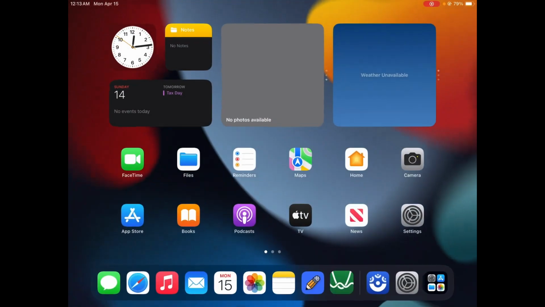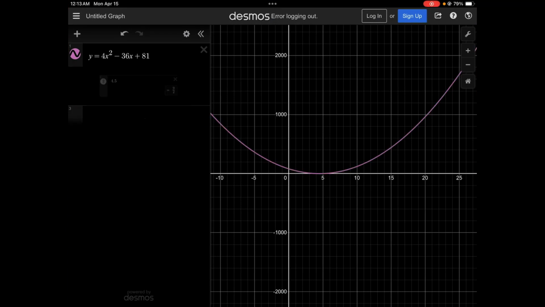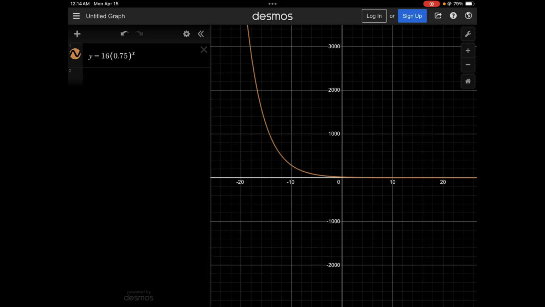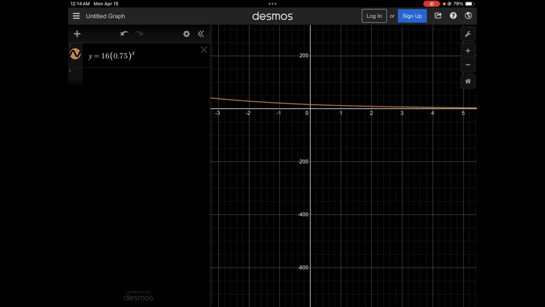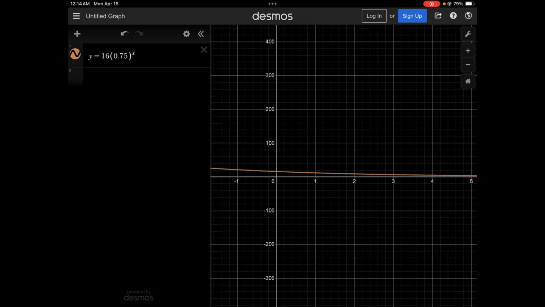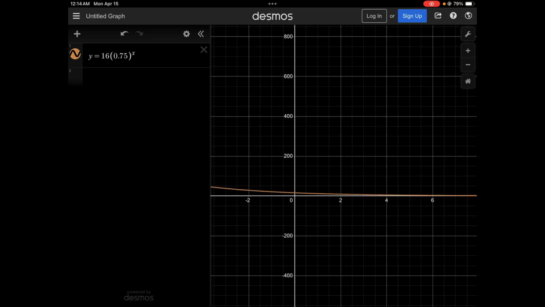But let's plug it in and see how it looks. So y equals 16 times (I'm going to write it exactly the way it is) 0.75 to the x. And it looks like the asymptote is on the ground. It hasn't shifted up or down.